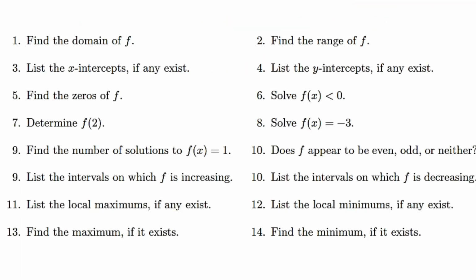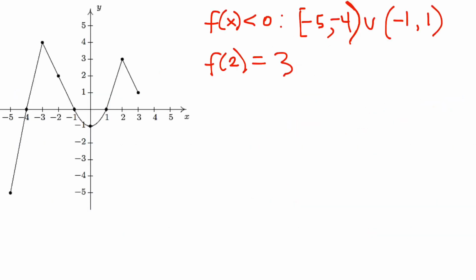All right, so the next one says solve f of x is equal to -3. So this time we're given the y value, and we want to find out what the x value is where the y is -3. All right, so let's draw a dotted line through -3 here.